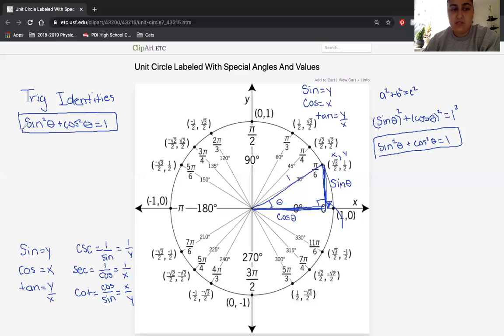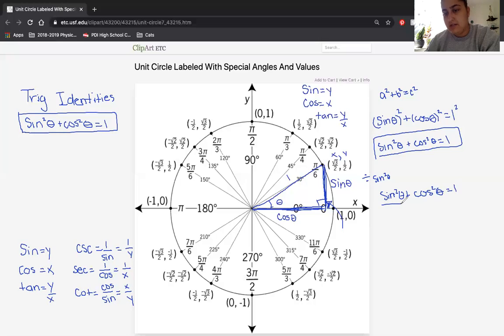And so the other 2 just involve taking our initial one from the Pythagorean theorem and dividing by cosine squared or sine squared. So if I'm going to divide by sine squared theta, we're going to watch what happens. So I have sine squared theta plus cosine squared theta equals 1.